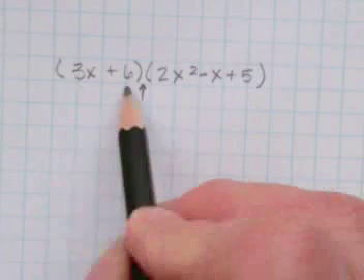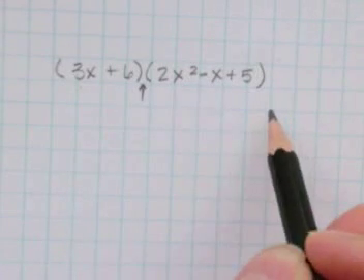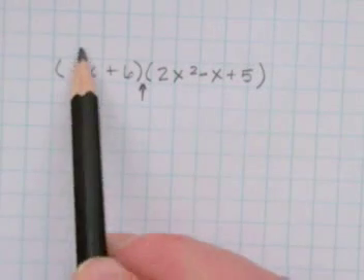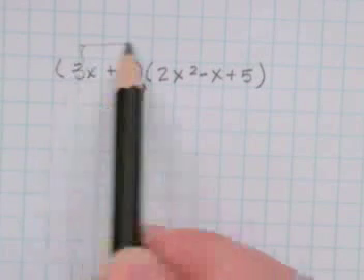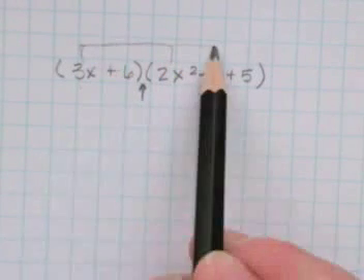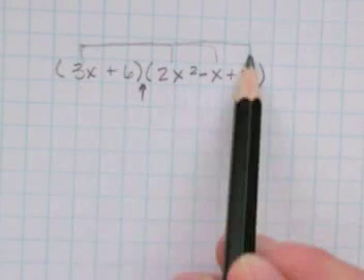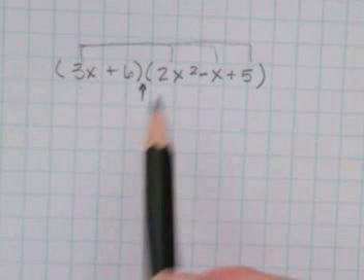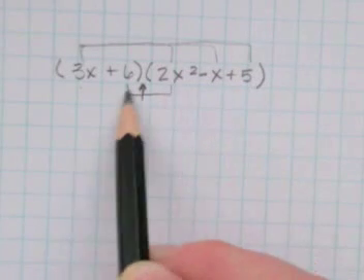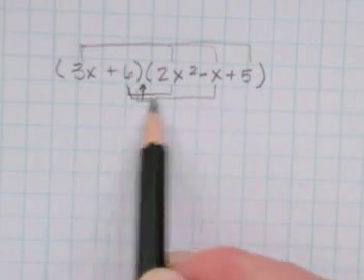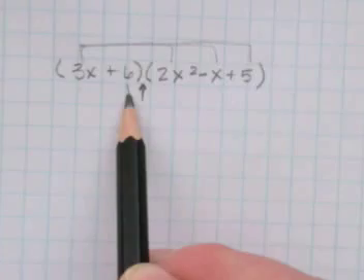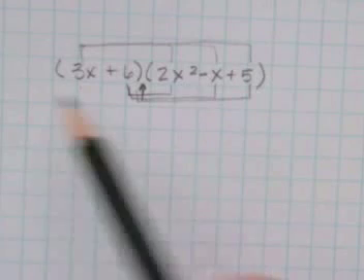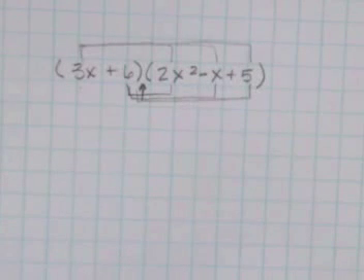But I'm multiplying a binomial times a trinomial. So the distributive property requires that I multiply this 3x times every term in the second set of parentheses, and notice there are 3 of them now. And then it also requires that I multiply the last term by every term in the set of parentheses. And so I'm going to end up with 6 terms in my answer, and some of those terms will be like terms that I need to combine.